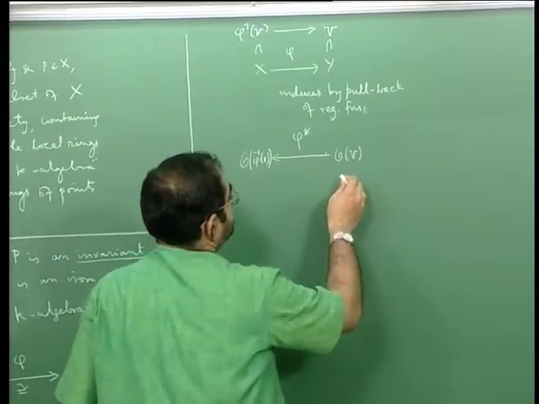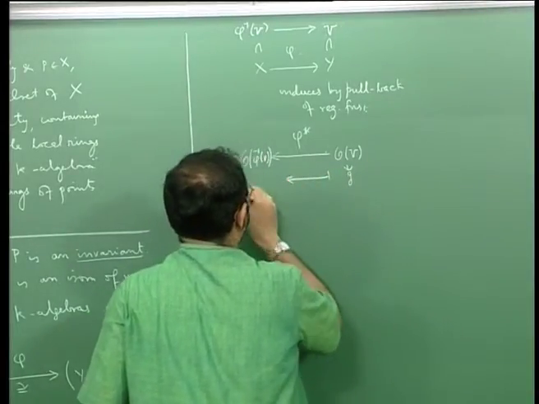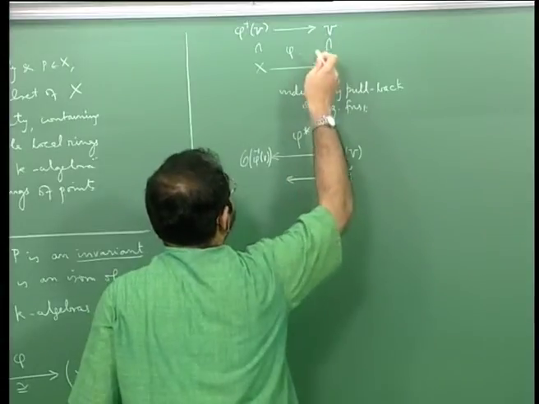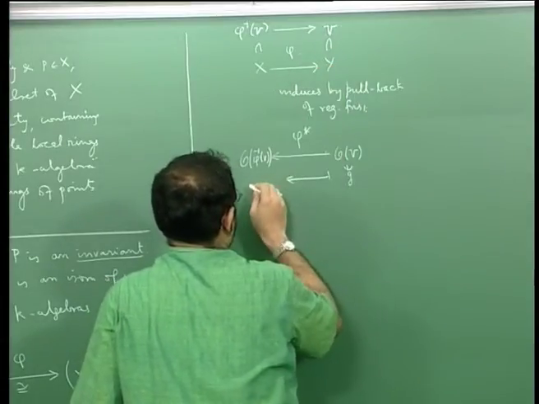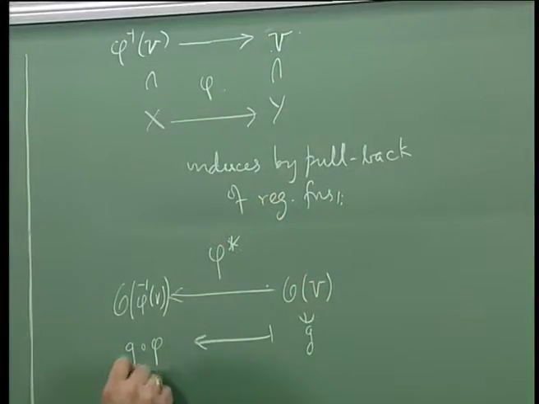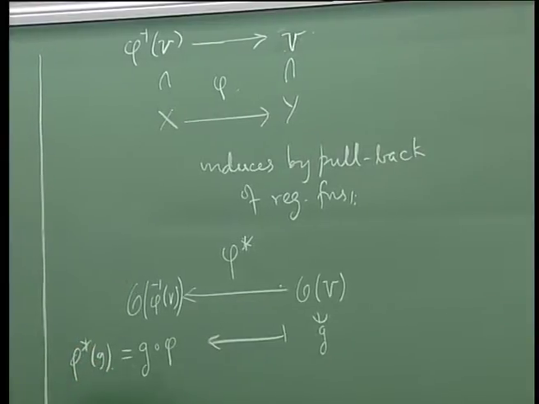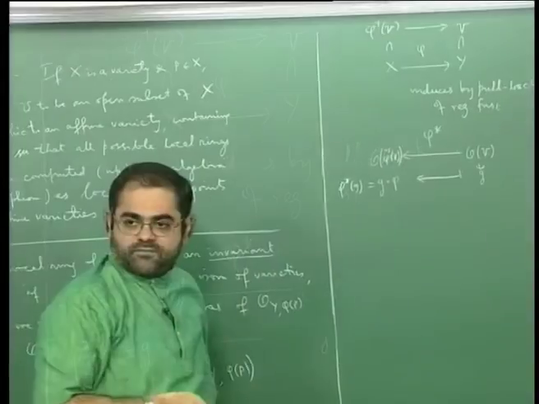So if you give me a G here, I am going to get the pullback, which is just G followed by phi: first apply phi, then apply G. This is the pullback. This is part of the definition of a morphism.